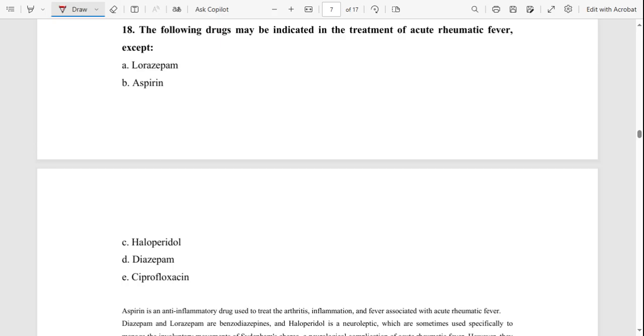The answer for the previous question, question 17, is A. So, number 18, which one of these drugs is not going to be used in the treatment of acute rheumatic fever? Any thought?